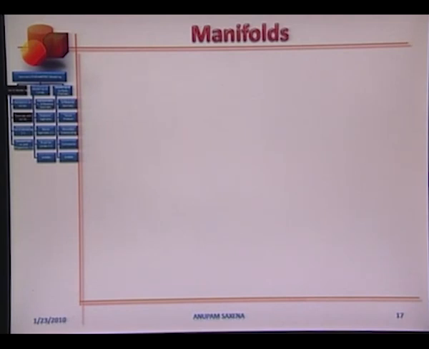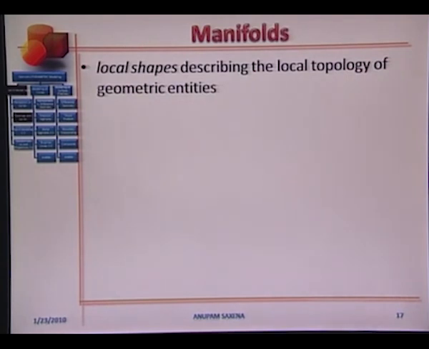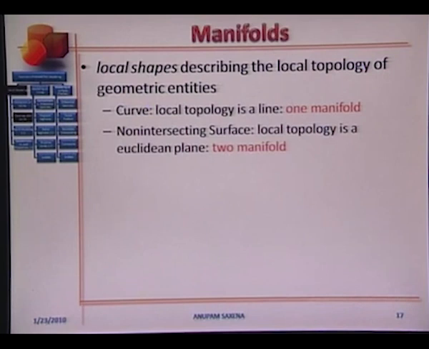Manifolds. This is the final concept in the lecture. Manifolds refer to local shapes describing the local topology of geometric entities. For a curve, the local topology is a line, and that's the reason why a curve is called one manifold. For a non-intersecting surface, the local topology is an Euclidean plane, and that's the reason why a surface is called a two-manifold.